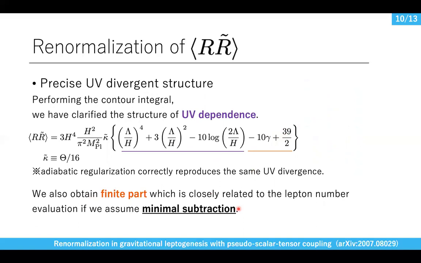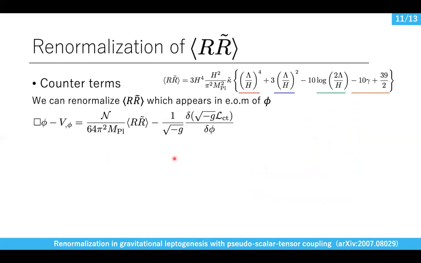Okay, so we have obtained the UV dependence, so let's perform the renormalization. This integral physically appears in the equation of motion of phi like this. So by introducing counterterms, you can renormalize this integral.